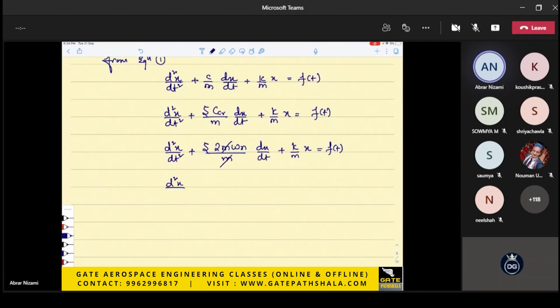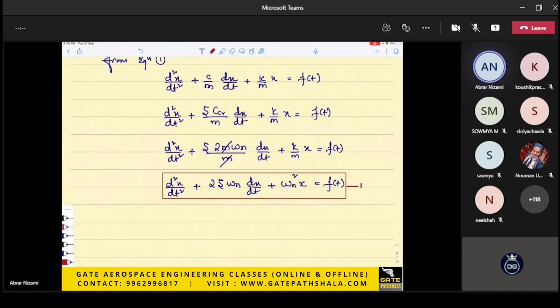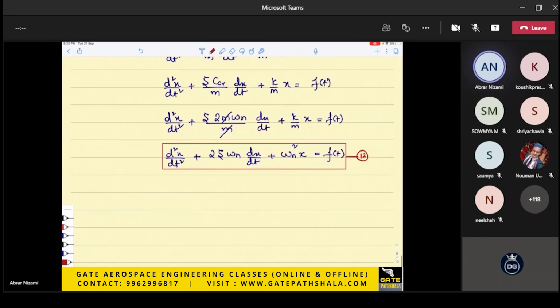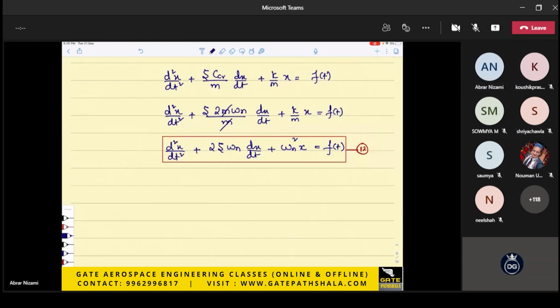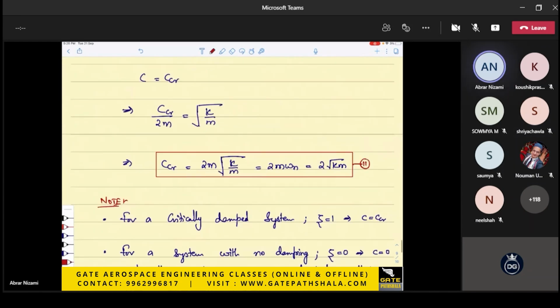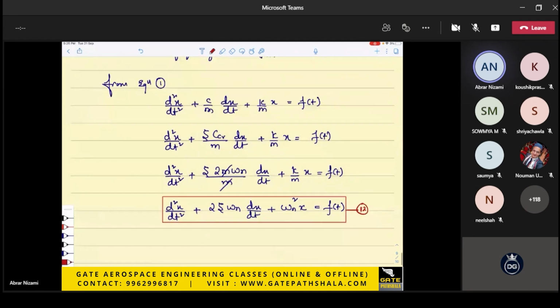You get d square x by dt square plus 2 xi omega n into dx by dt plus omega n square into x equals f of t. Bracket it. Call this 12, this 13.